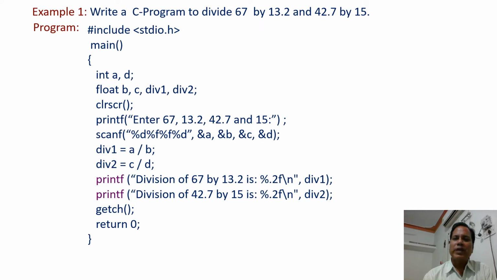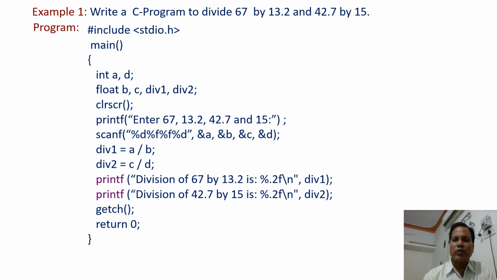Those data are taken in the program and stored in the variables A, B, C, D, following the same sequence in which we enter the data. For that, we use percentage d, percentage f, percentage f and percentage d.